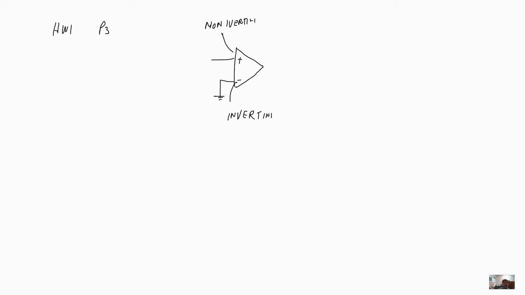But getting back to your problem here, in this problem what I like to do is connect two components here, one resistor in parallel with the capacitor. Let's put it right here.